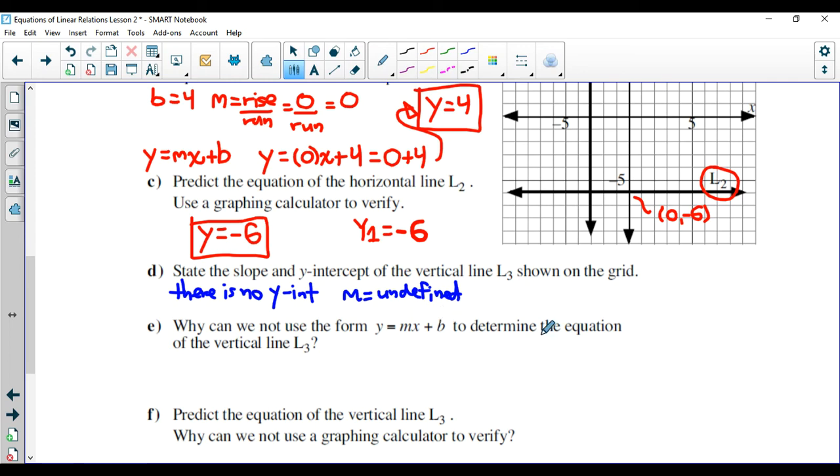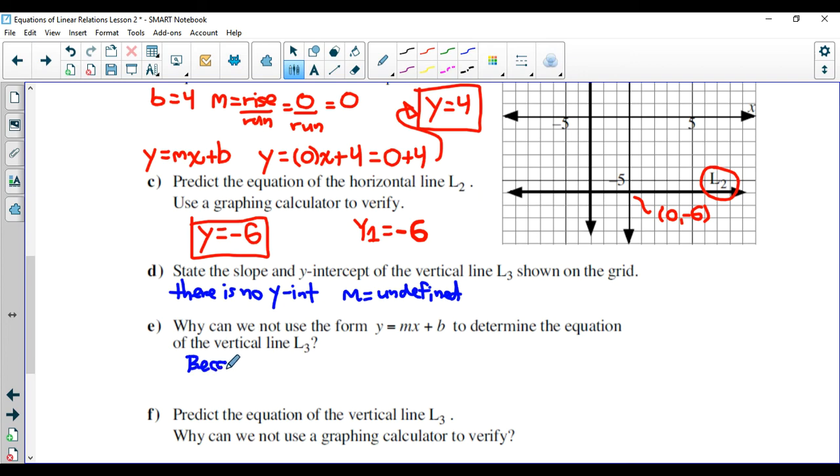Now it says, why can we not use the form y equals mx plus b to determine the equation of the vertical line L3? Well, because first of all, you don't have a y-intercept, and then secondly, the slope is undefined. So what value would you plug in for m? I guess you could plug in infinity, but that wouldn't really give you an actual equation. It'd be an equation that's not really useful.